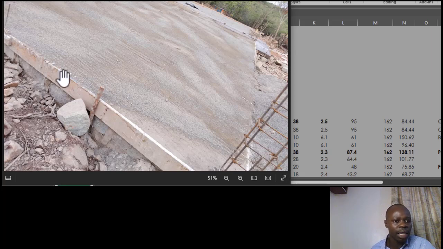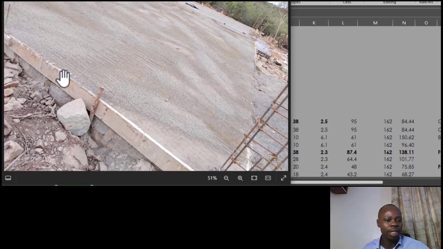Plinth is the part that is covering the edge of the slab, and also part of the foundation walling that is protruding beyond the ground surface. That is the plinth. So finishes to it means plastering that surface and also applying black bituminous painting to the surface.